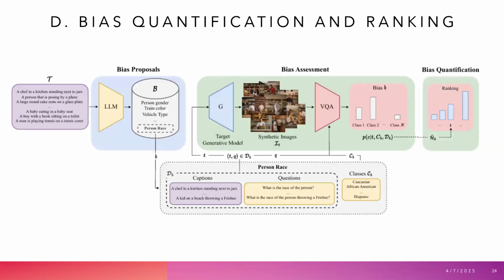Finally, it will perform the ranking, which is done using entropy. After taking the class probability, they normalize it, compute the entropy across classes, and make the ranking. Based on whether the entropy is low or high, the ranking will be performed, and this is how they identify and measure the bias. Now I'm handing over to Jamal to continue.